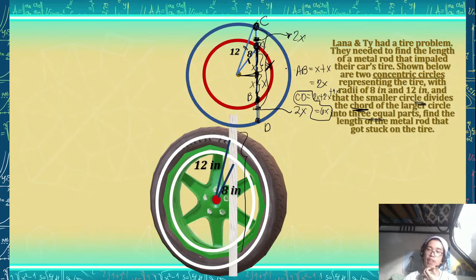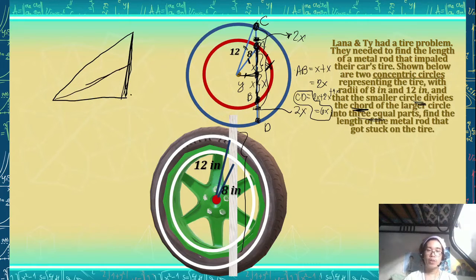And we need to find the value of x. If we're going to try to solve this problem, we can see here that we have another variable length that we do not know. So how do we find the measurement of this length? We can name it y. If we're going to try to reconstruct our figure here in a zoomed manner, this is going to be our triangle, and this is also going to be another triangle, and they are both right triangles.